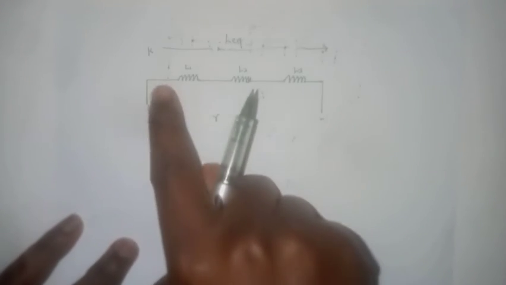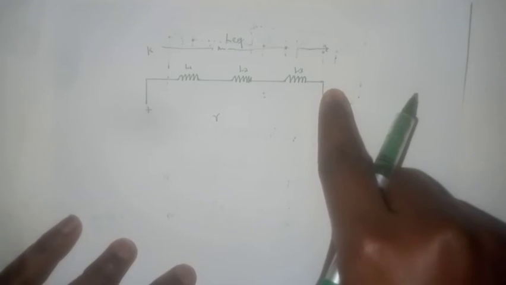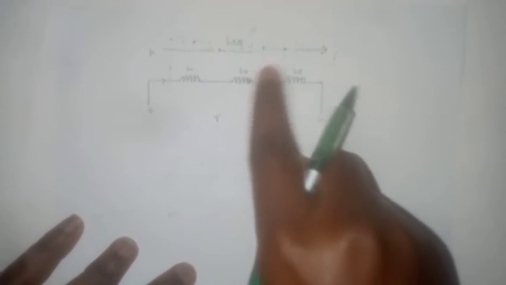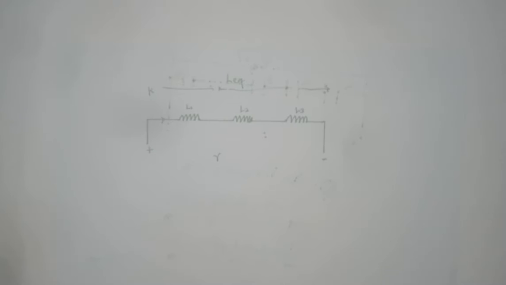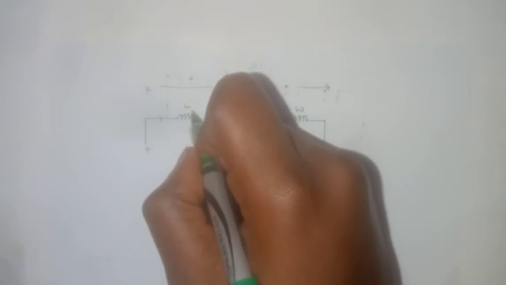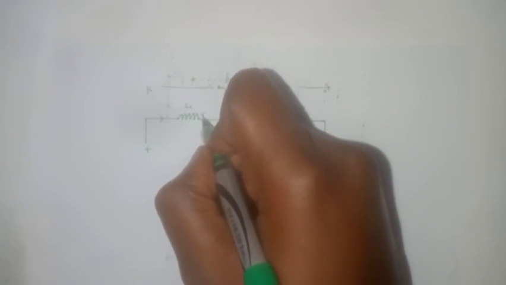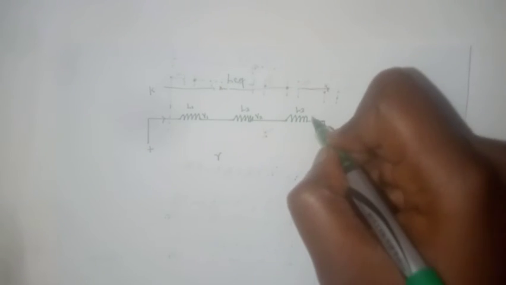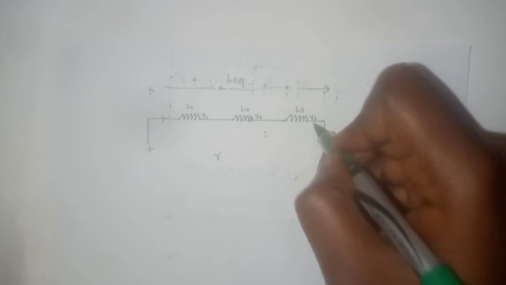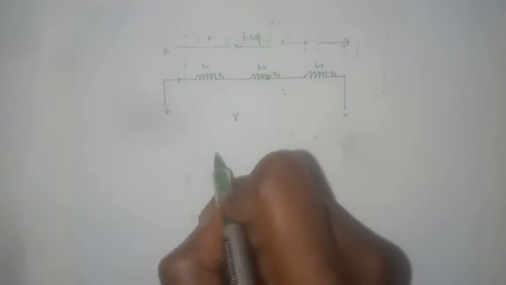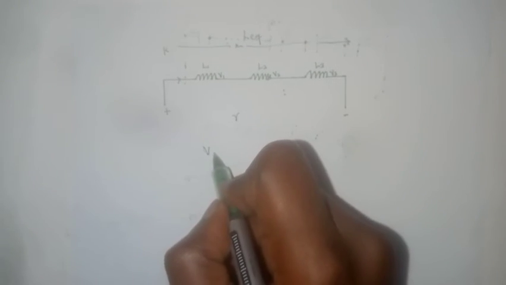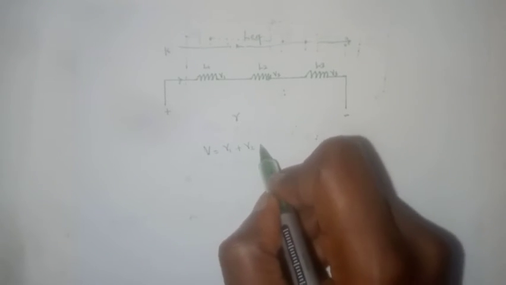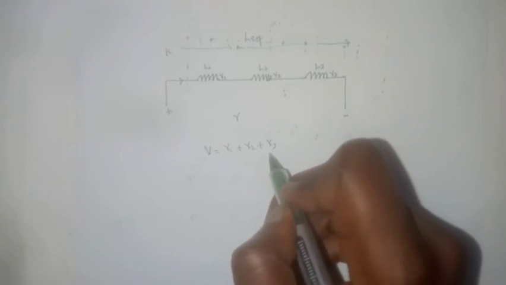First things first, we know that current flows right through an inductor, so equal currents would flow through each inductor here. Then there will be a voltage drop across each inductor, so let's call the voltage drop across this one V1, that across this V2, and that across this V3. So that would mean that V equals V1 plus V2 plus V3.